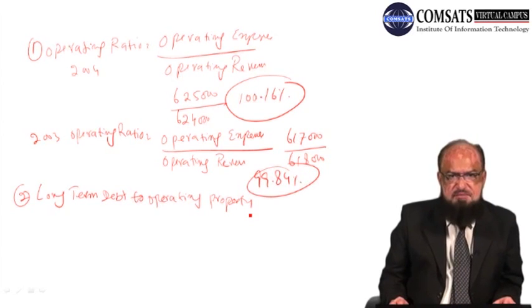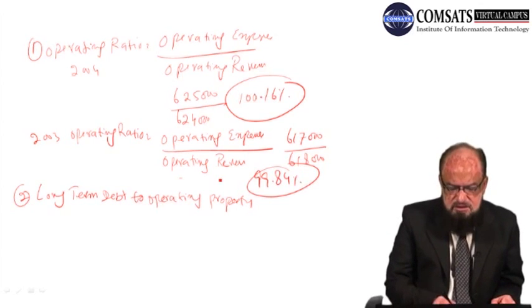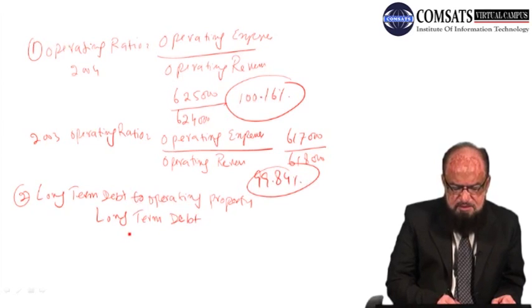Now we will calculate the long-term debt to operating property. First of all, we will write the formula: long-term debt divided by operating property.